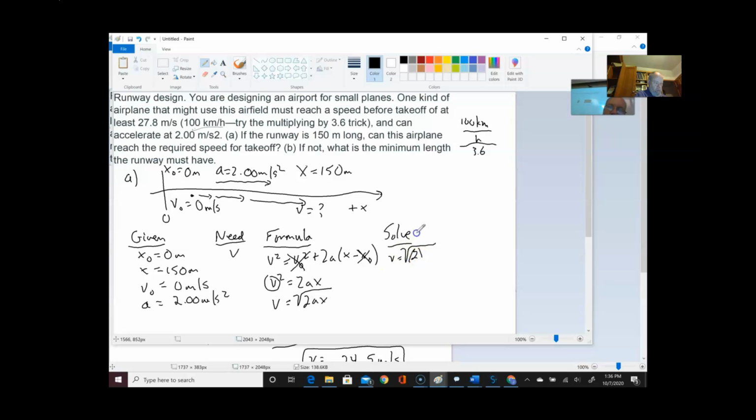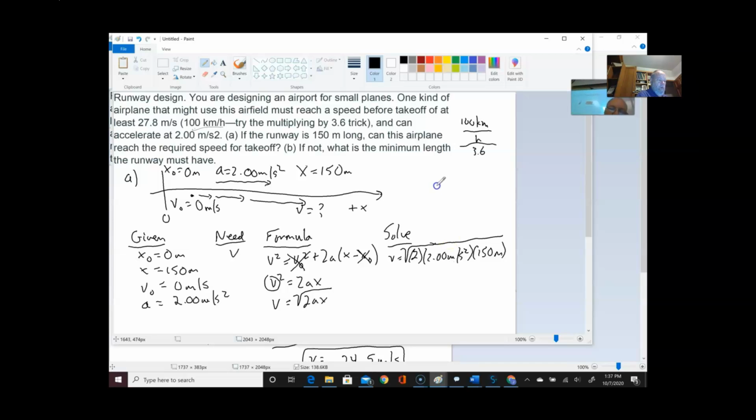So 2 times a, my acceleration is 2.00 meters per second squared. And then x is 150 meters. Okay, now I want you to notice something here. This is why we always use units, so we can see how they actually cancel out.